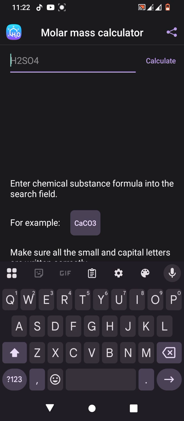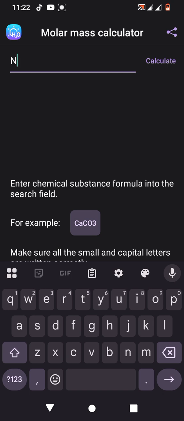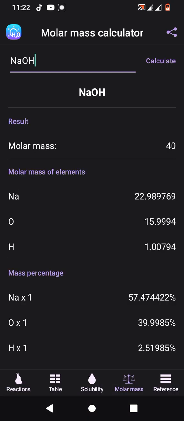For example, let's do a salt like say sodium hydroxide. So if you calculate, it gives us the molar mass of 40, and you can see it also gives us the masses of sodium, oxygen, and hydrogen.